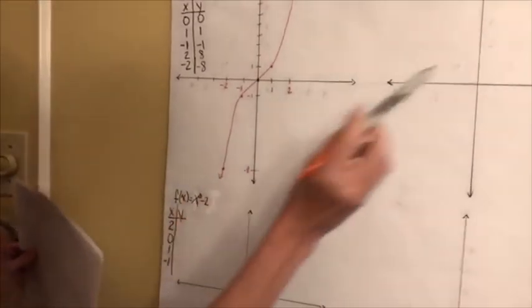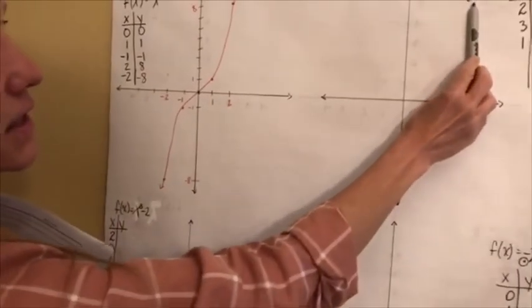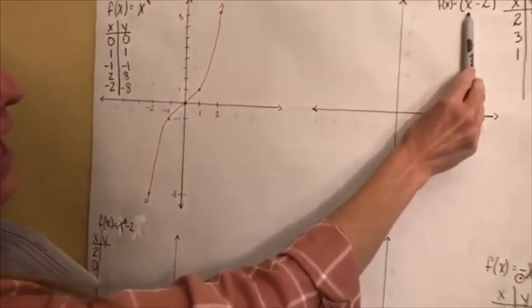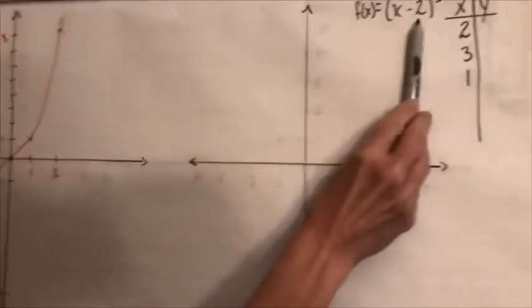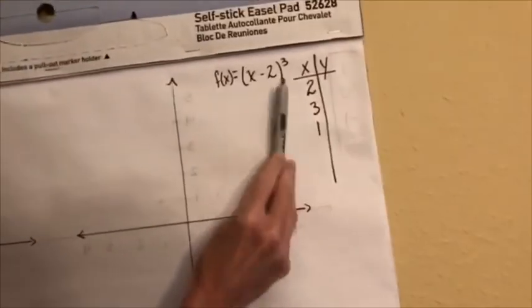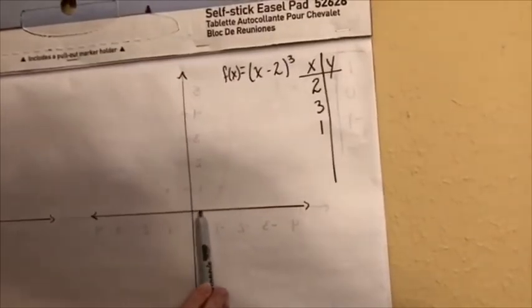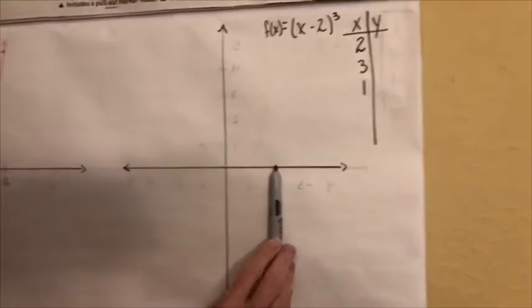All right, so now what happens? Do you recall what happened with our parabola? You have it right there on your sheet. When we had something like this, it essentially just moved that parabola over to the right.